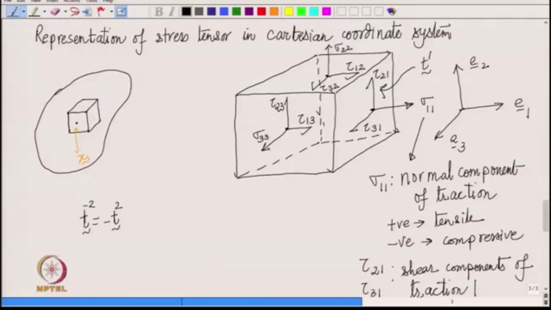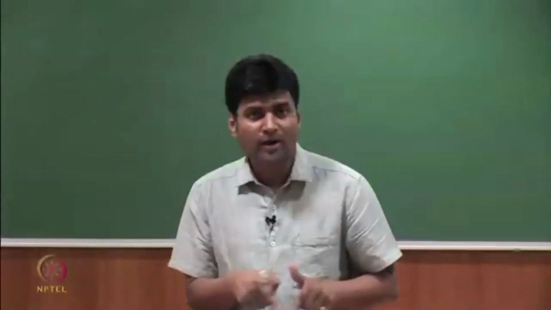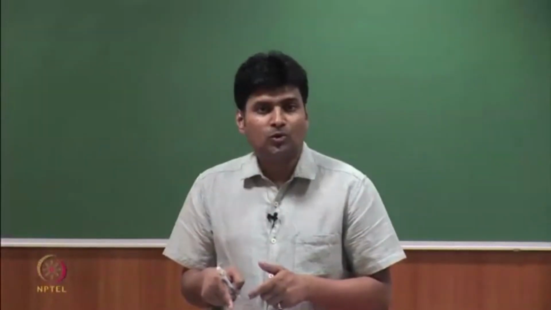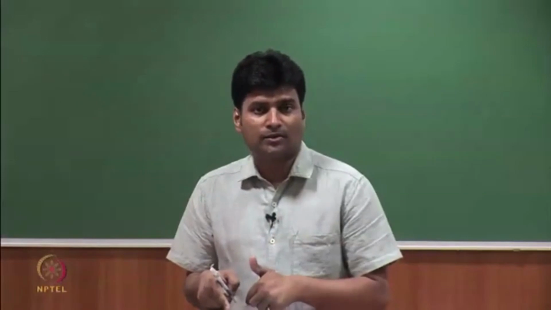On the negative 2 plane, the normal component has to point in the negative 2 direction. So, that is sigma 2 2, same magnitude, but pointing in the negative direction, because t minus 2 is equal to minus of t 2.